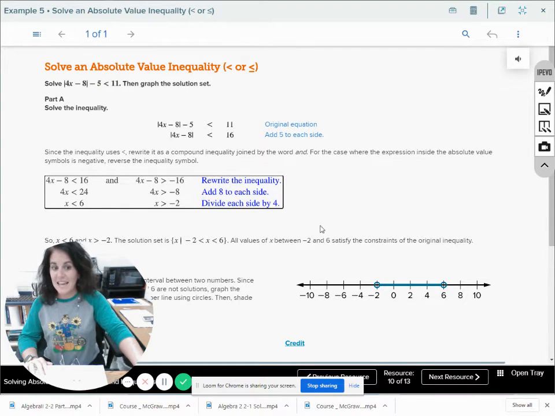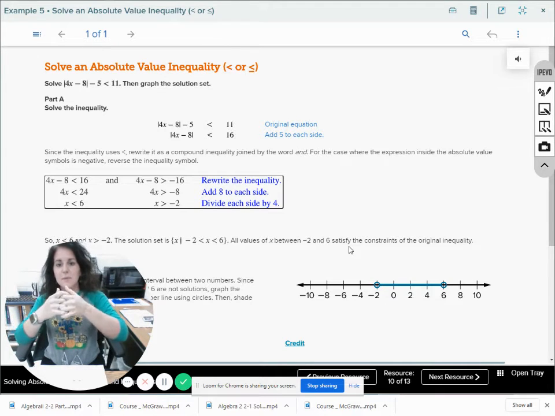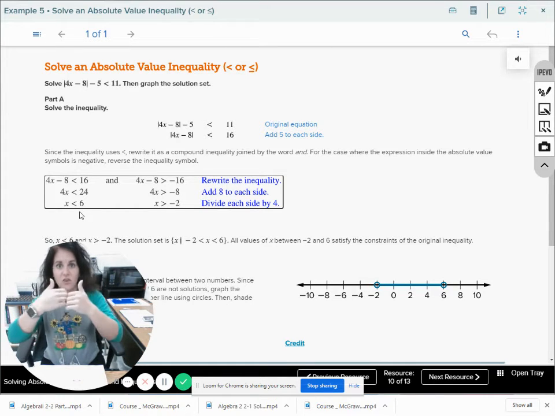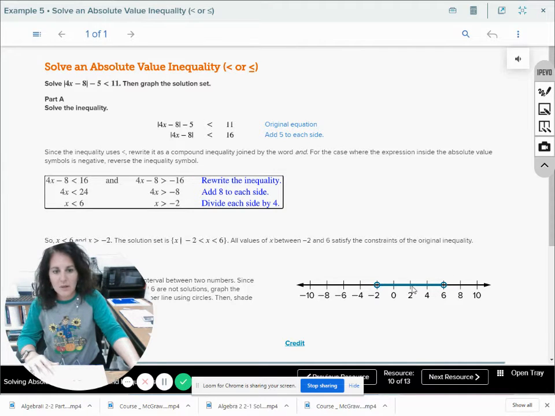This is less than, and tells me that they're going towards each other. X has to meet two criteria. It has to be less than 6 and greater than -2 at the same time. So all of these numbers in between meet both criteria.